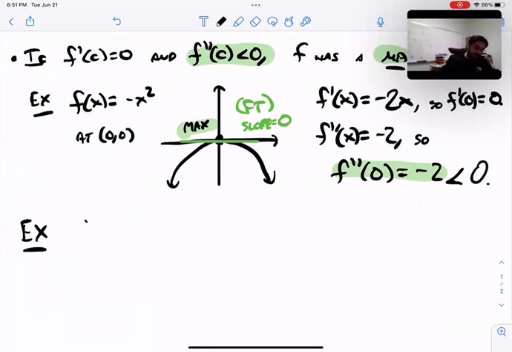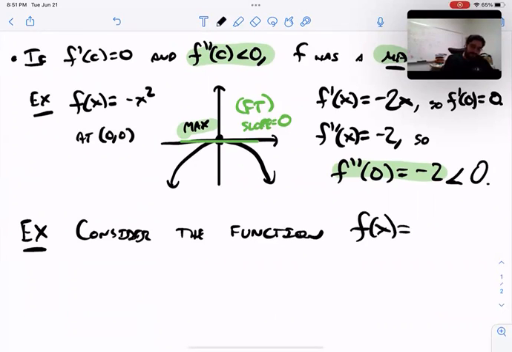So let's consider the function f of x equals e to the x plus e to the minus x.